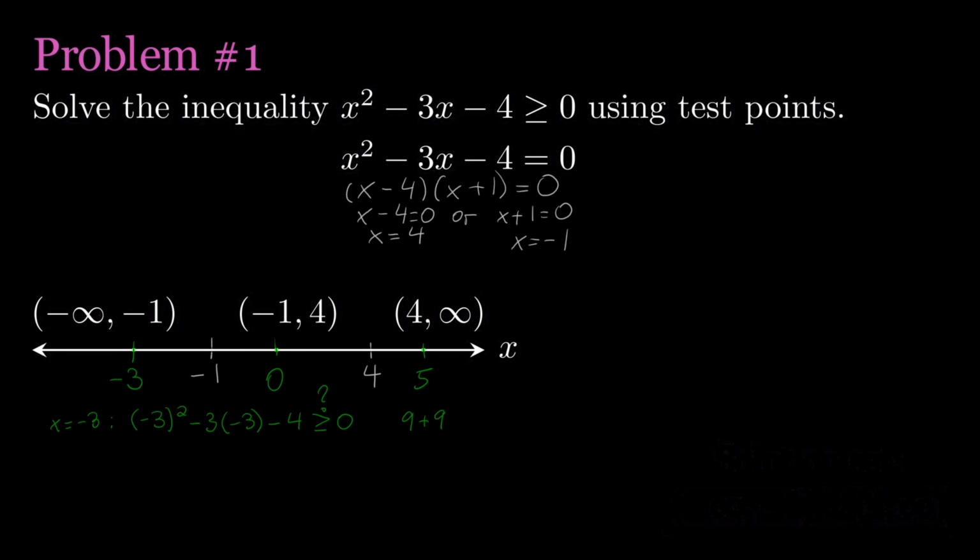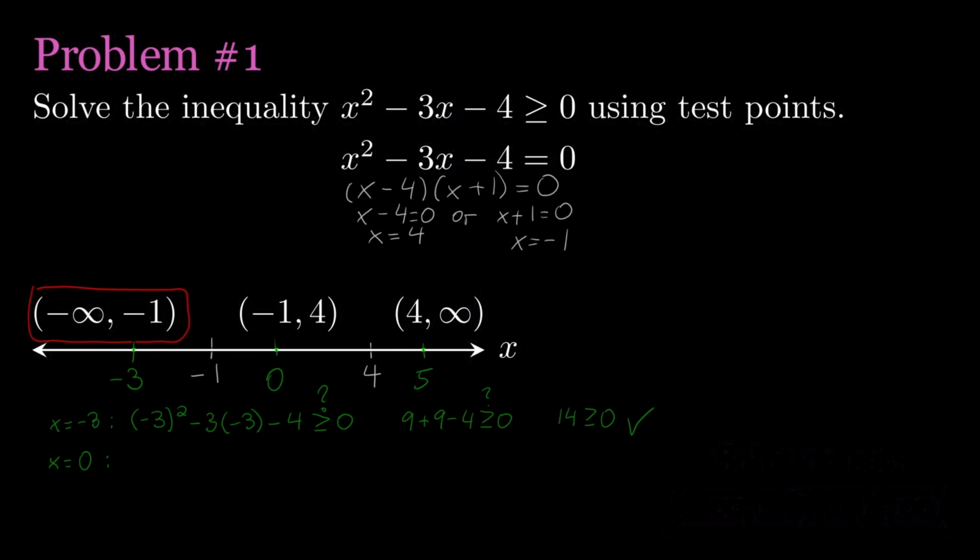And then we have -4 greater than or equal to 0. 9 plus 9 is 18. 18 minus 4 is 14. And 14 indeed is greater than or equal to 0. This is true. And therefore this entire interval from which this test point -3 came will be a part of our solution set.